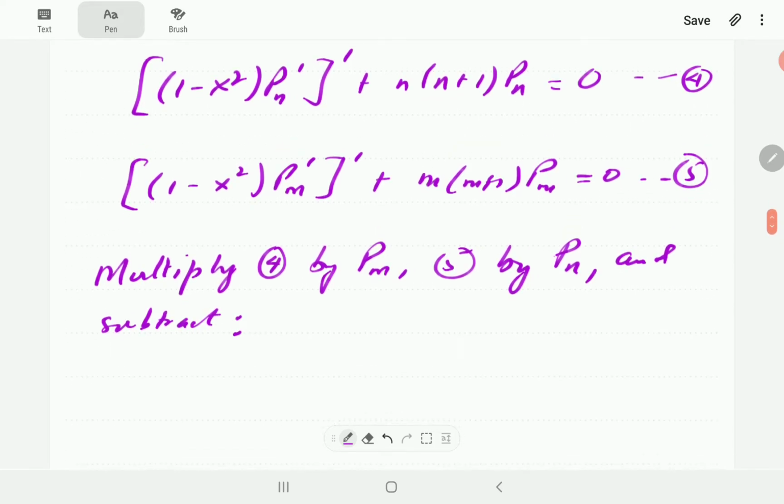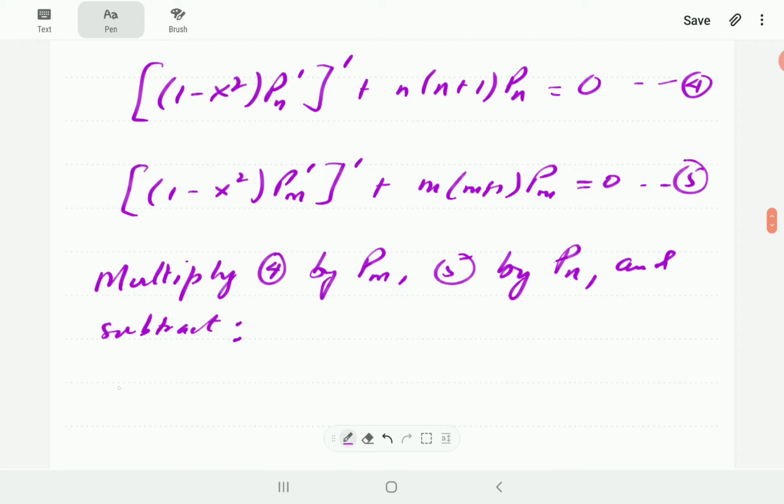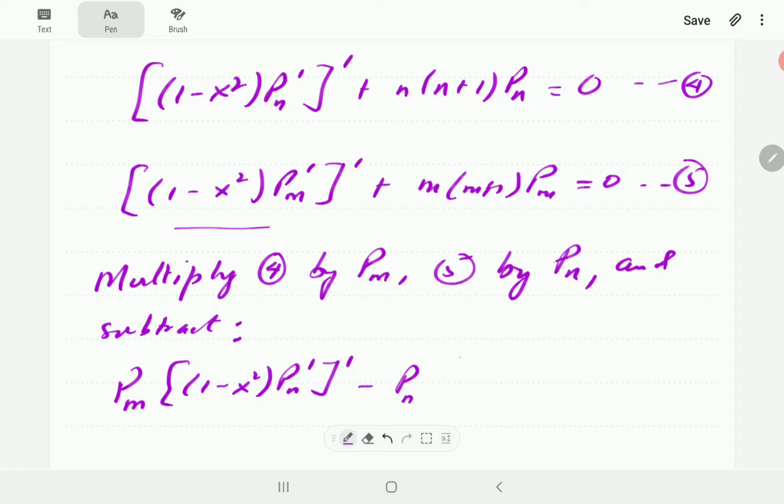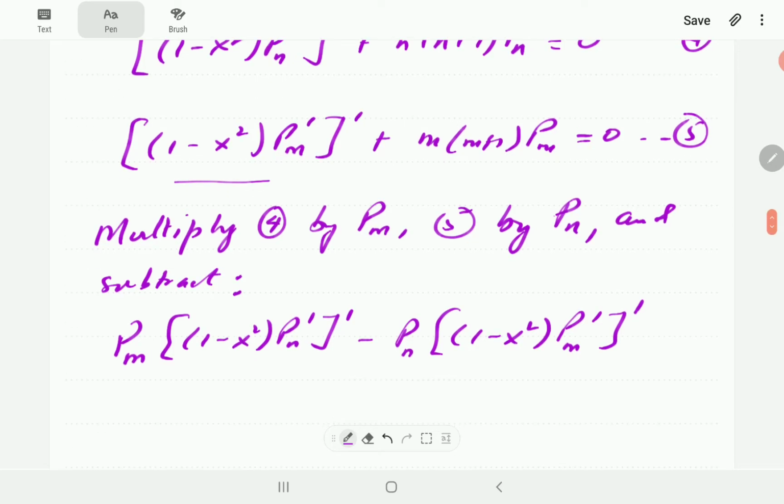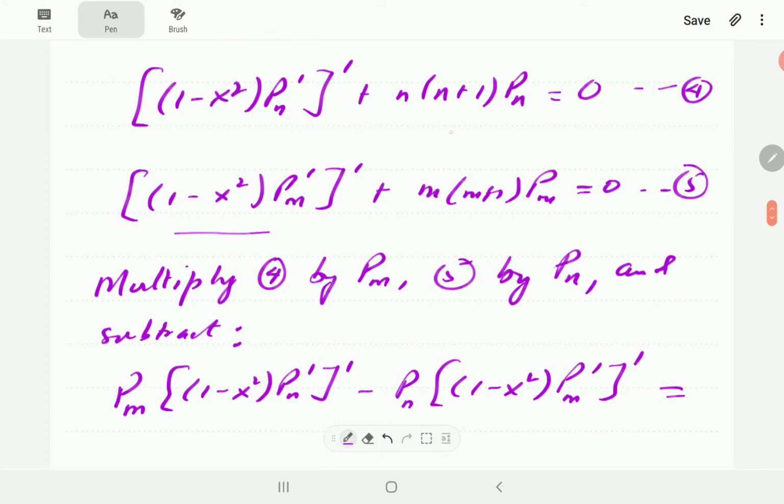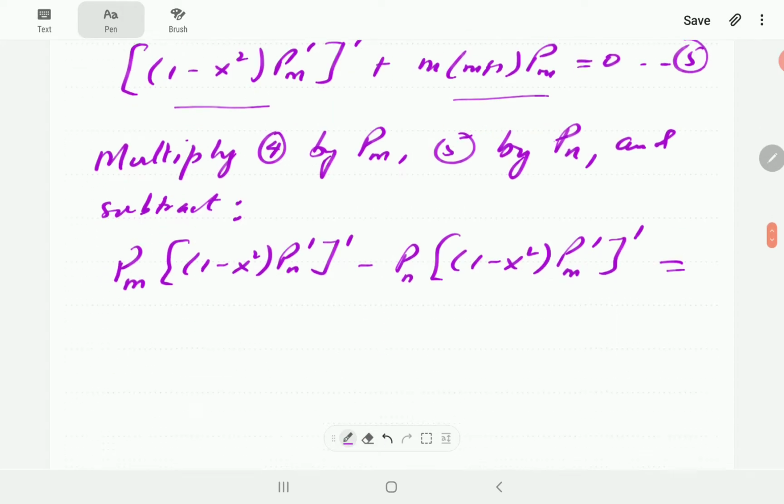So what's going to happen is the derivative terms are going to look as follows. We're going to have Pm into 1 minus x squared Pn prime, minus, so that's going to be the term from here, Pn into 1 minus x squared Pm prime. And then the last two terms I'm going to take to the right hand side, so that means this term is going to be positive.